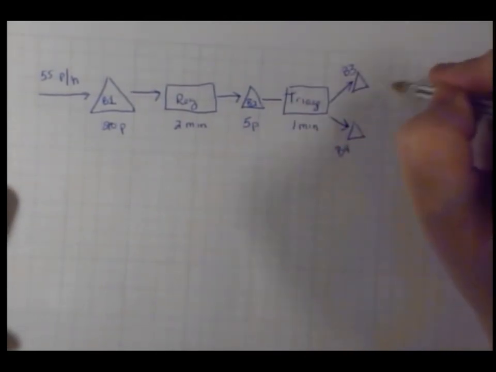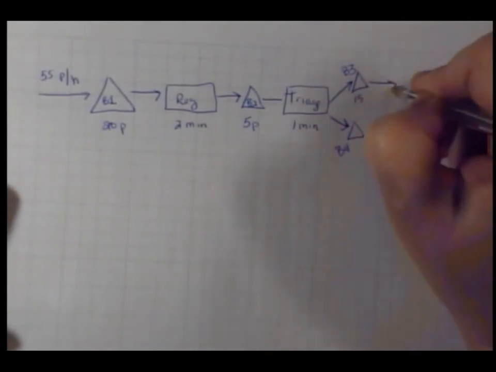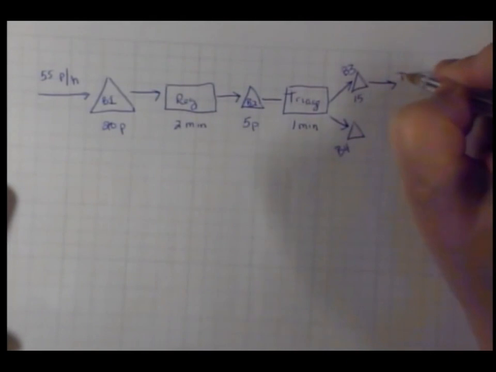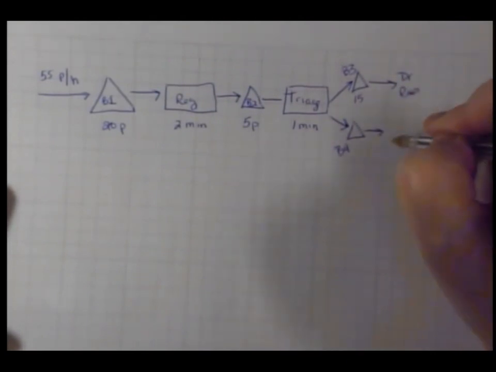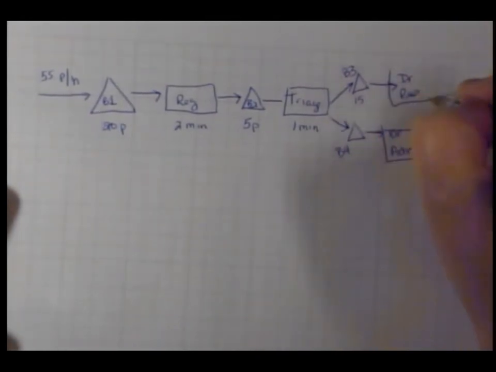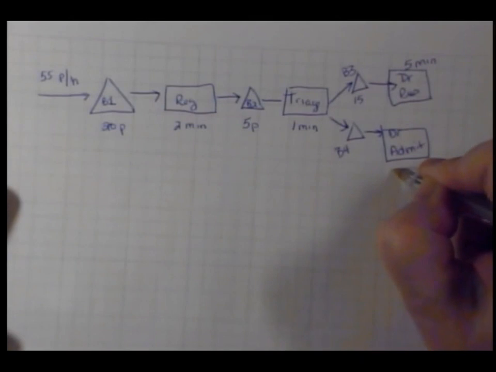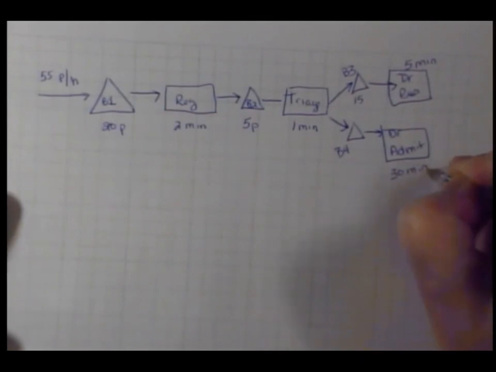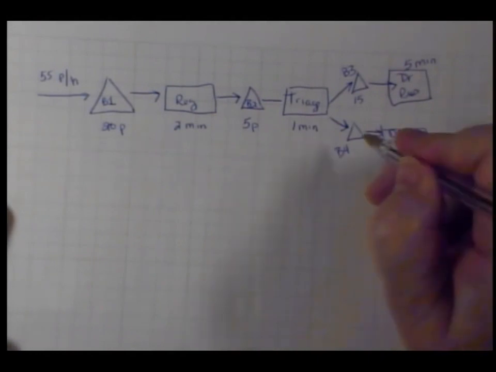In buffer 3, we have 15 patients waiting. And that leads to our doctor that's going to give the prescriptions. And buffer 4 leads to the doctor with the admit. Again, that's an activity step, and that's an activity step. So we've got 5 minutes here, and I've got 30 minutes here. Is there a number for buffer 4? Yes, there is. Buffer 4 has 1 person waiting.